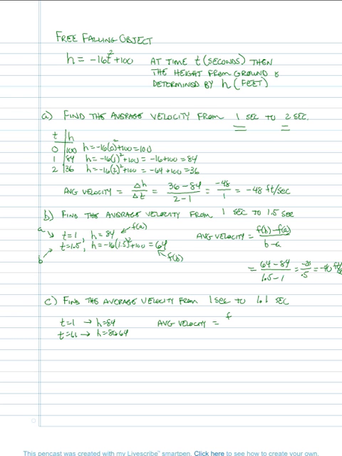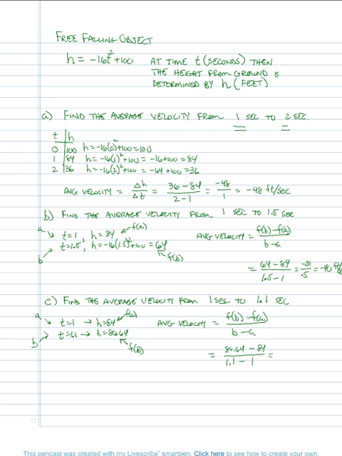that's f of b minus f of a divided by b minus a. And remember, it's from a to b. So again, this is the f of a value, this is the f of b value. So in this case, f of b, 80.64, minus f of a, 84, divided by b, 1.1, minus a, 1.